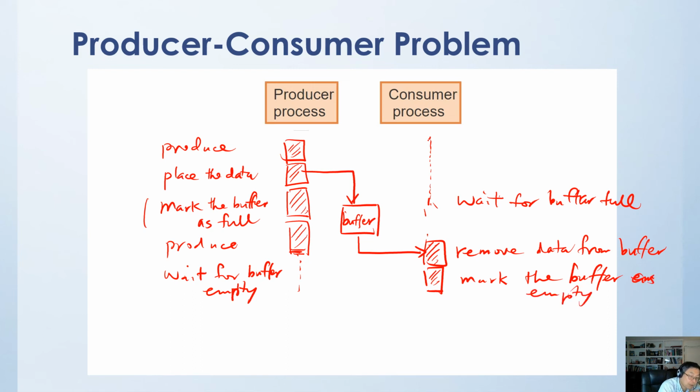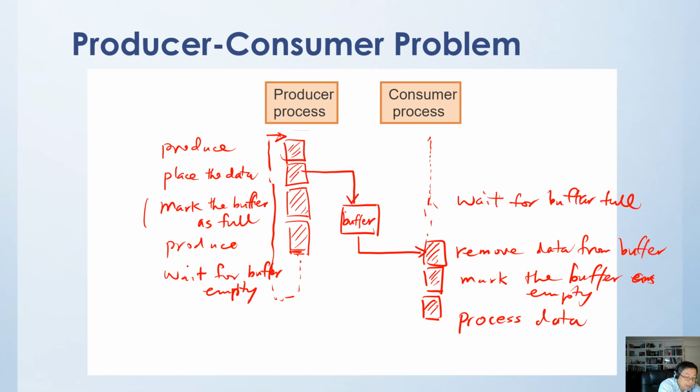Now once the producer sees this sign, saying the buffer is empty, the producer can produce the next data, right? And then the consumer is going to process the data, consume the data.